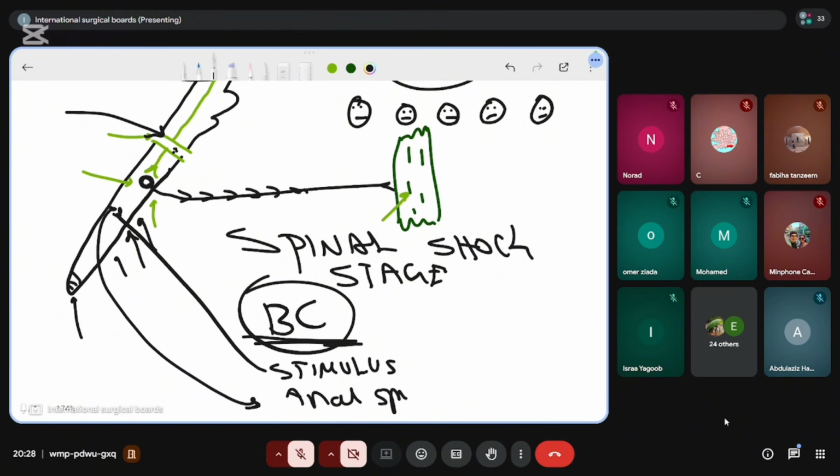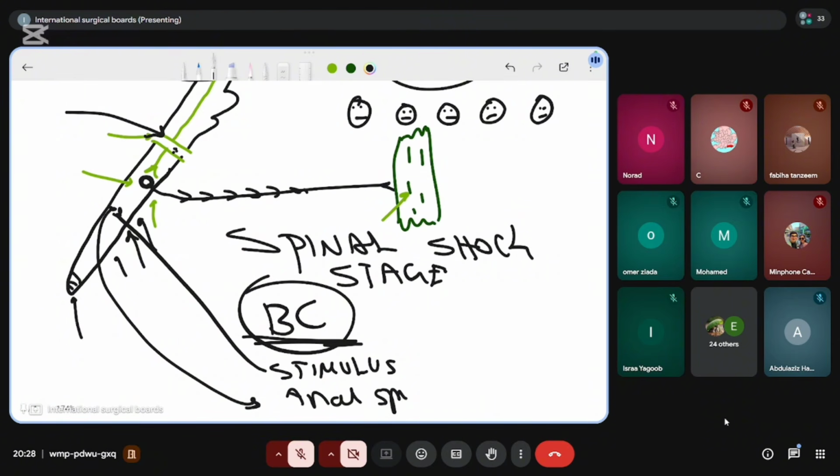Of course not. You will not be able to perceive perianal sensation, deep anal pressure, or voluntary anal sphincter function. I will come to that. But what I need you to know is that when there is a complete spinal cord injury, the distal part of the sacral spinal cord will lose function.